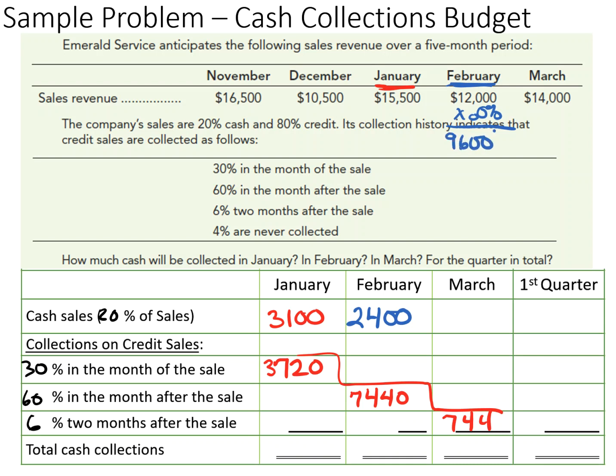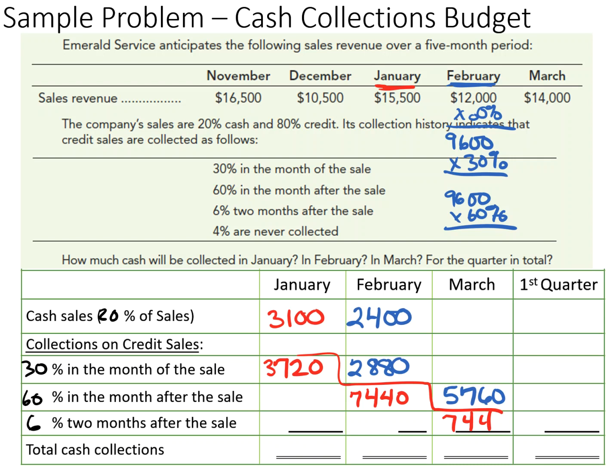So 30% of that will be collected in the month of sale. 9,600 times 30% means $2,880 are collected in the month of sale. Then 9,600 times 60%, and that means $5,760 are collected in the subsequent month.